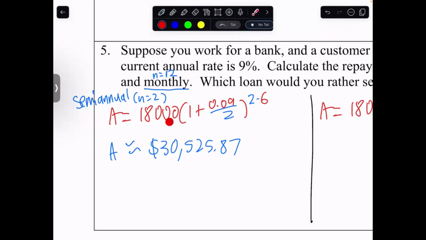Okay, so take a step back and think about that. You borrowed 18,000 and you have to pay back over 30 and a half thousand, right? That's how quickly interest can build up.